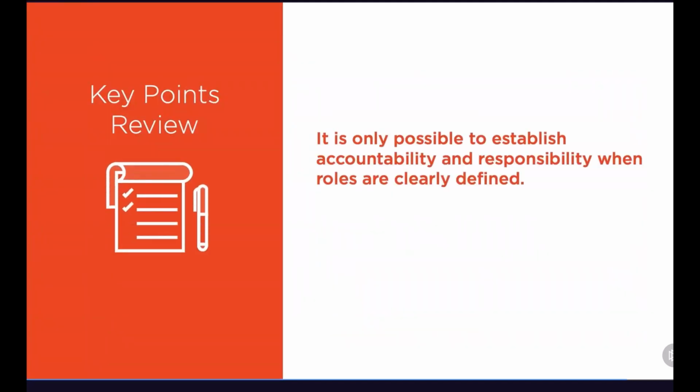The key point to review: it's only possible to establish accountability and responsibility when roles are clearly defined. I've not gone into depth here on the differentiation between accountability and responsibility. Accountability is the person who's ultimately accountable to make sure something's done. Responsibility is the person who actually does the work.